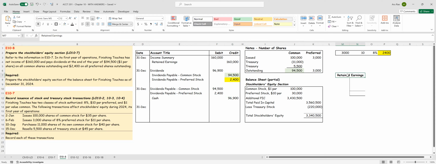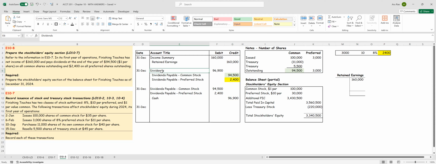So I have this T account here for retained earnings. When I closed the revenue account and expense accounts to income summary, then I closed income summary to retained earnings. Retained earnings is going to be credited, $160,000. That's a number that's coming over here. Remember, it's their first year of operation, so they don't have any retained earnings from the year before. Dividends are always paid out of retained earnings. Now, the dividend account gets closed out.